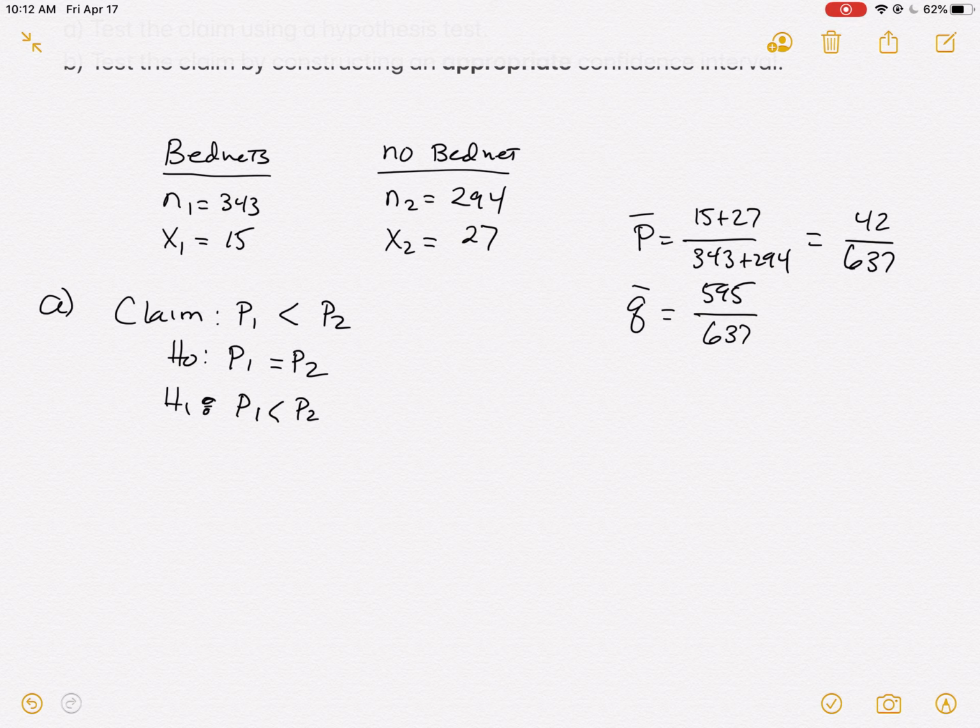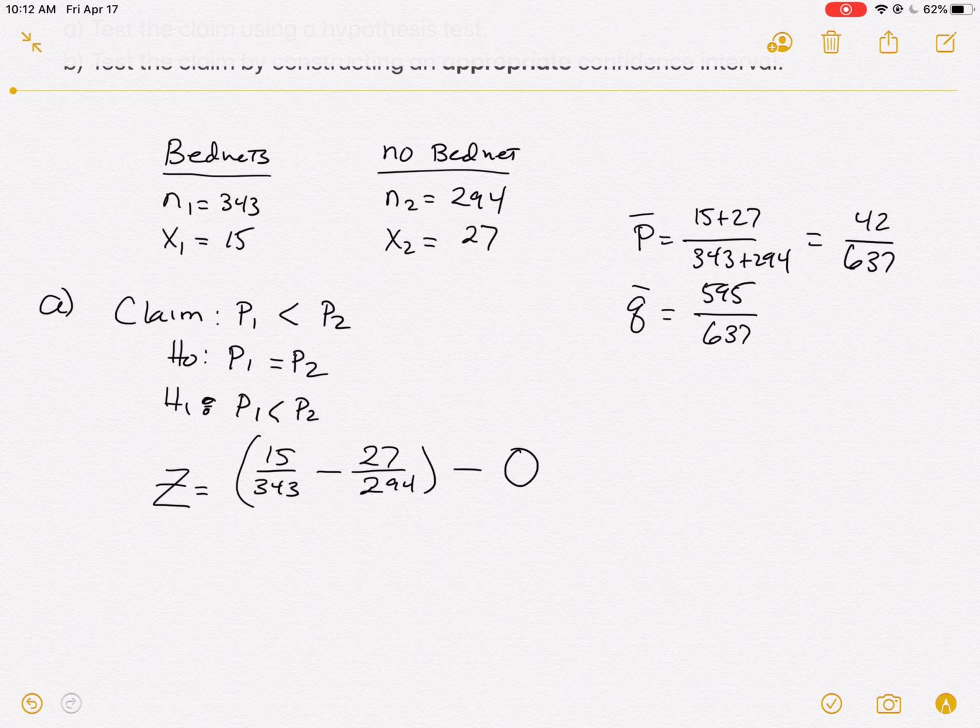So what are we able to do? We're able to go get our test statistic by saying, p1 hat is 15 divided by 343, right? P2 hat is the 27 over 294. P1 minus P2 is always 0, and so you can leave that off, but I'm going to put it there for emphasis in case somebody's reading the book. All over the square root of P bar Q bar.